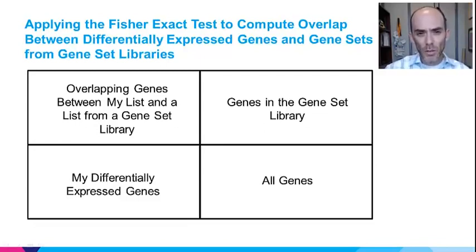And then you want to have the number of differentially expressed genes that you identified, and then the number of genes in the set, that is the number of genes in each row, and then the number of genes in the gene set library, and that number would be the denominator, and this will be in the bottom right square of this contingency table.